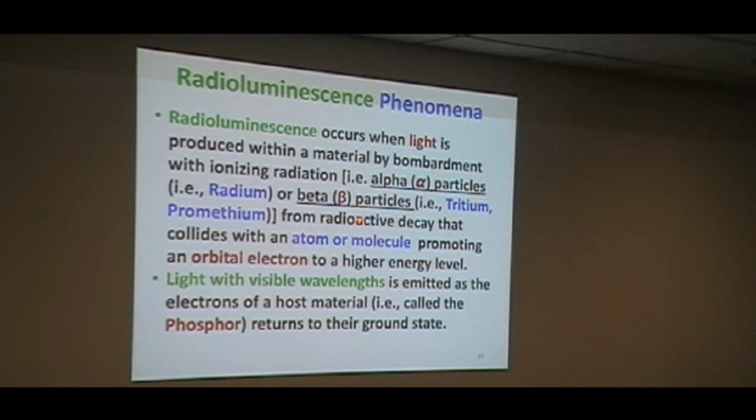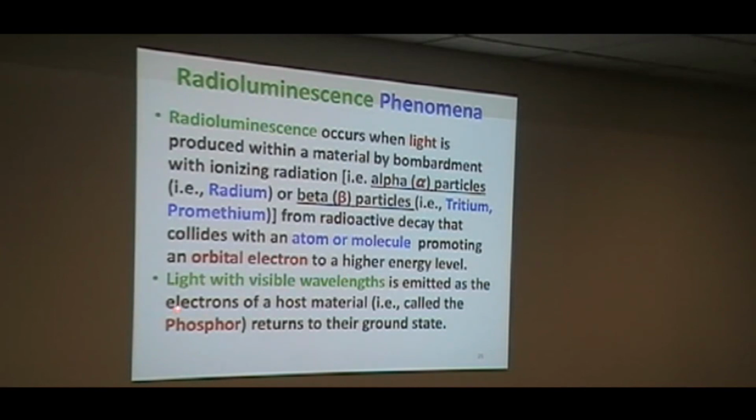When that particle hits an atom or molecule and excites an electron to an excited energy state, it will return to equilibrium, but in the process it'll often lose some energy and come out as a color. That lower energy is then visible to the eye.